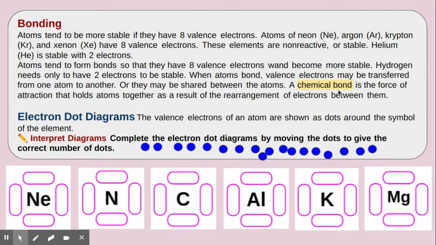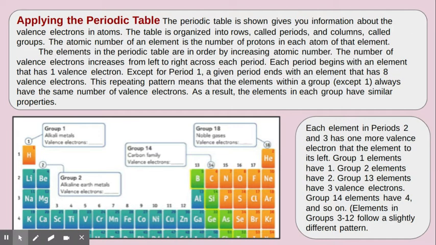Remember that a chemical bond is the force of attraction that holds the atoms together as a result of the rearrangement of the electrons. So it's all about this rearrangement of the electrons, and sometimes how they're shared or even given up or loaned.